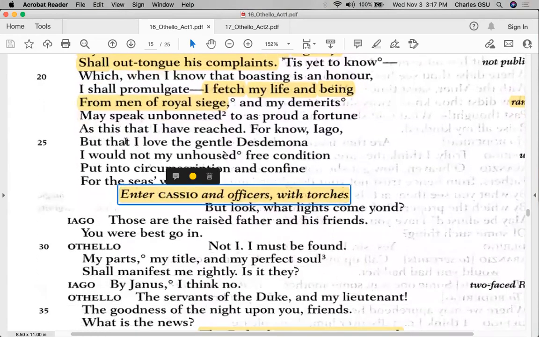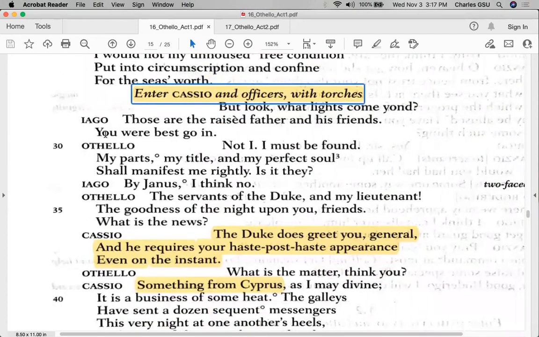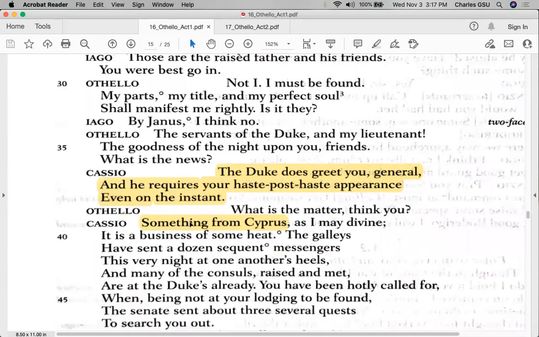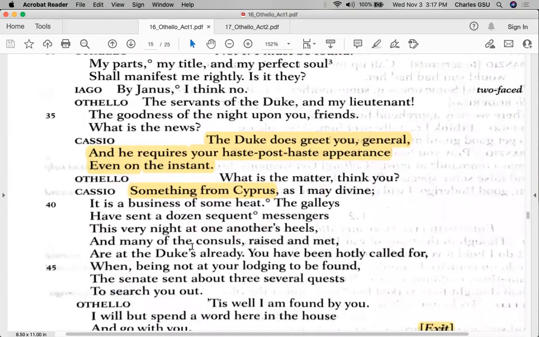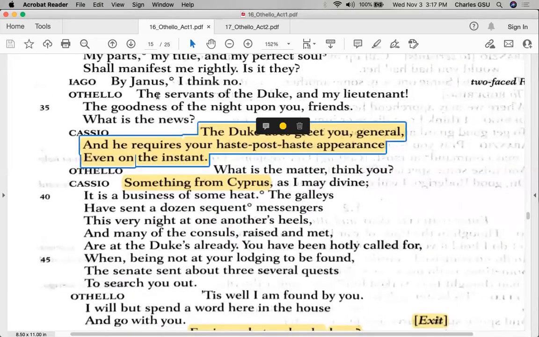So Cassio comes in on the scene as well. So we now have this whole scene, which I just showed you a moment ago on the back cover of that DVD cover. They're all raising their swords and confronting each other. And we're told by Cassio that the Duke, who is basically like the president, the one in charge of the dukedom, "does greet you, General, and he requires your post-haste appearance even on the instant."